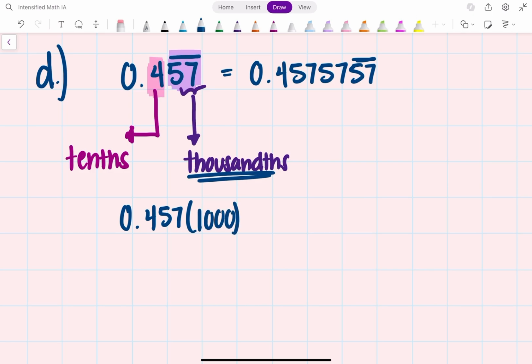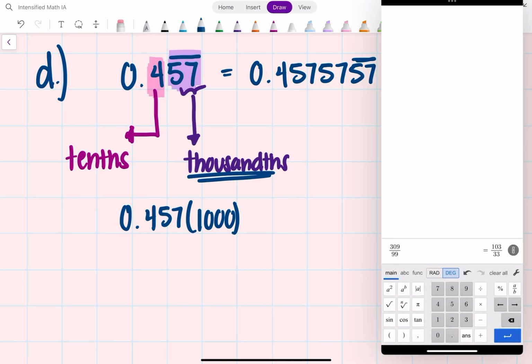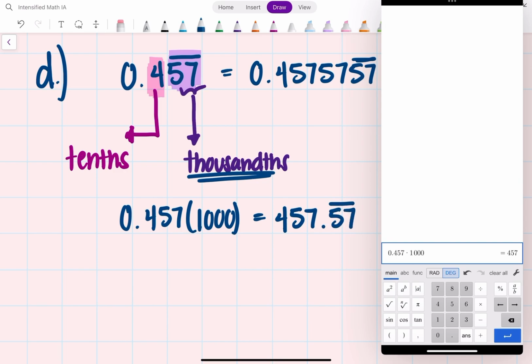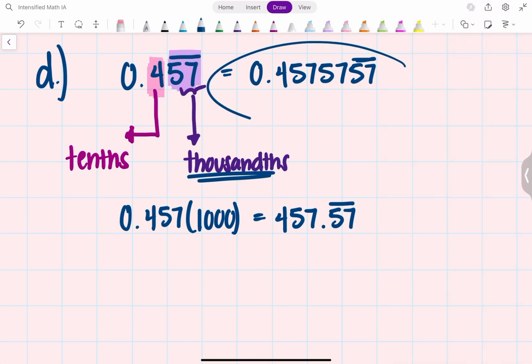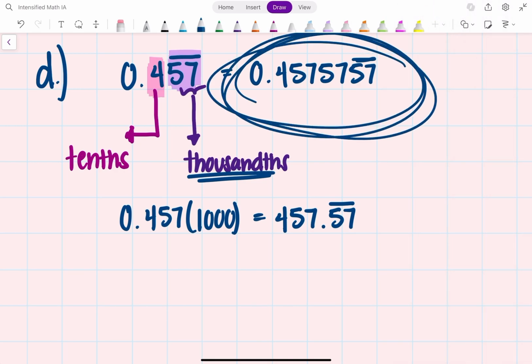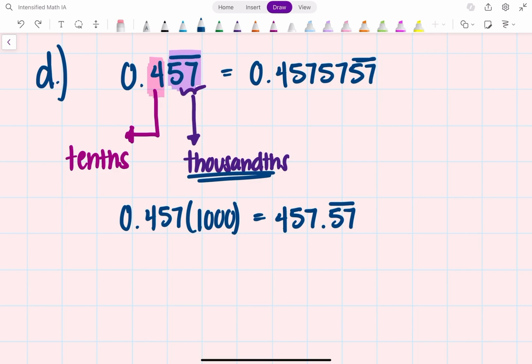If I take out my calculator and do 0.45757 and multiply that by 1,000, we actually get 457, so that's going to be equal to 457 with a repeating decimal of 57, right? Like I mentioned, if I were to multiply by this one here, I would be getting 57 over and over again.